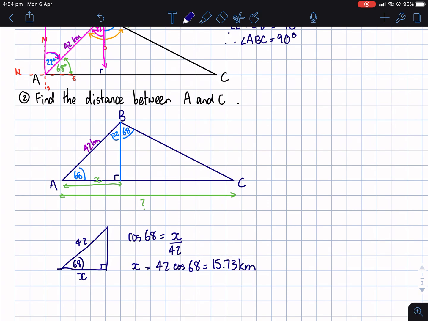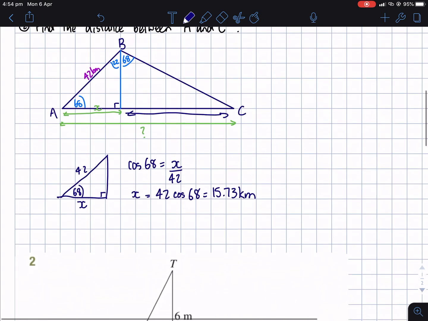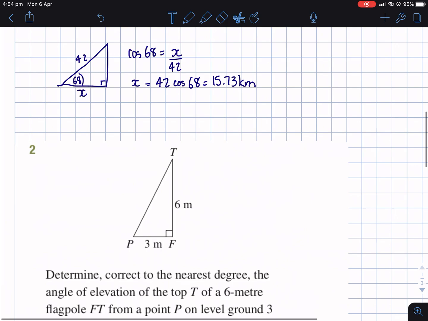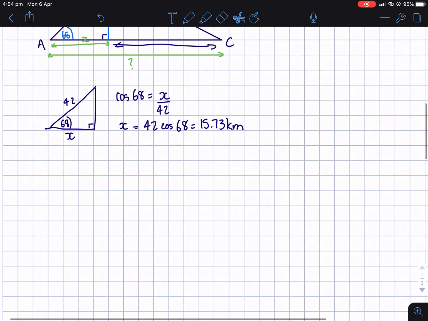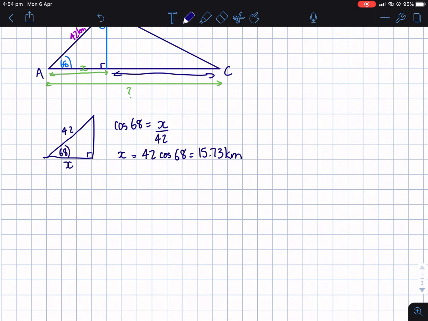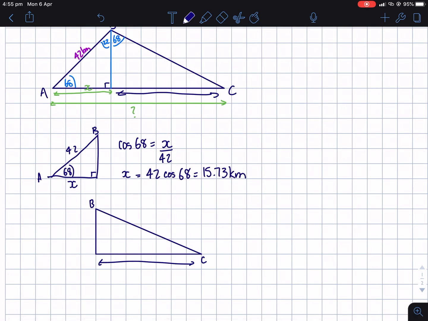Now, I want to find this one. So I've got another triangle. Oh, let me get rid of this next question. I've got another triangle. So that was A and B. Got another triangle here, C and B. And I want to know this distance, and I know that this angle at the top is 68.